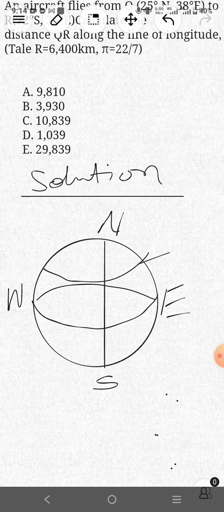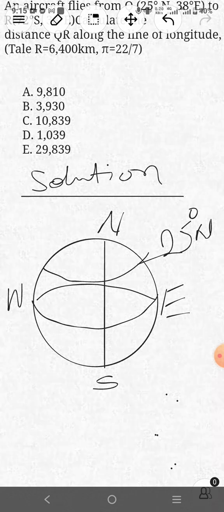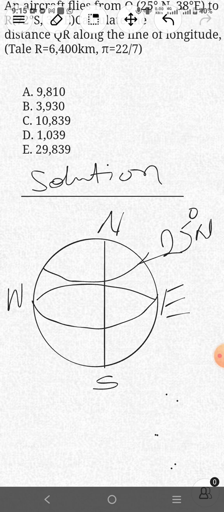Here you can put 25 degrees north. Then, on that same point, we have 38 degrees east, so we draw this line down and put 38 degrees here.